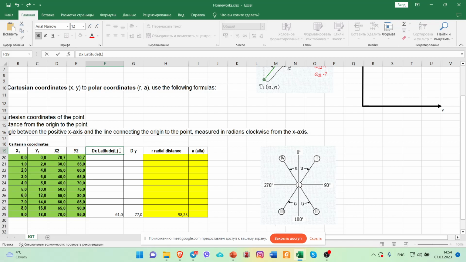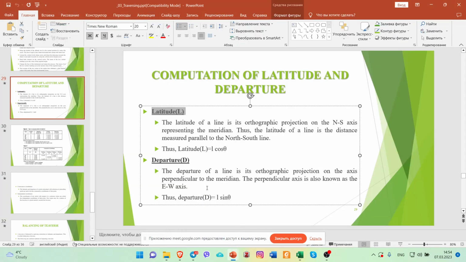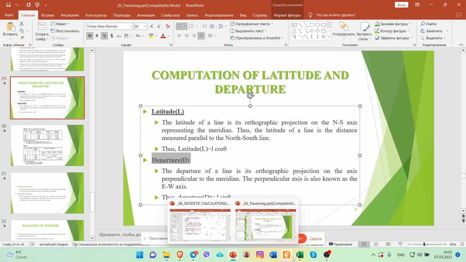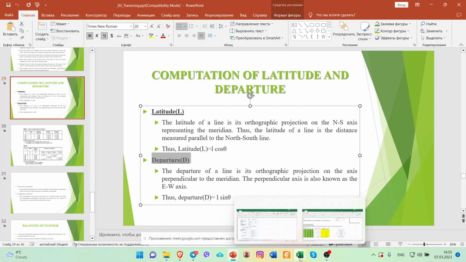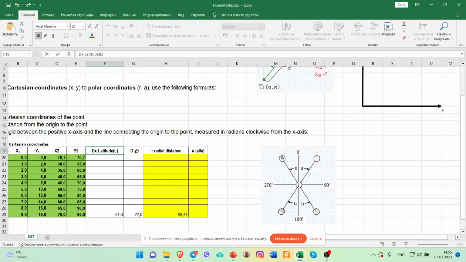In English, we use latitude. And departure of a line is orthographic projection on the axis perpendicular to the meridian. So the departure means delta y.